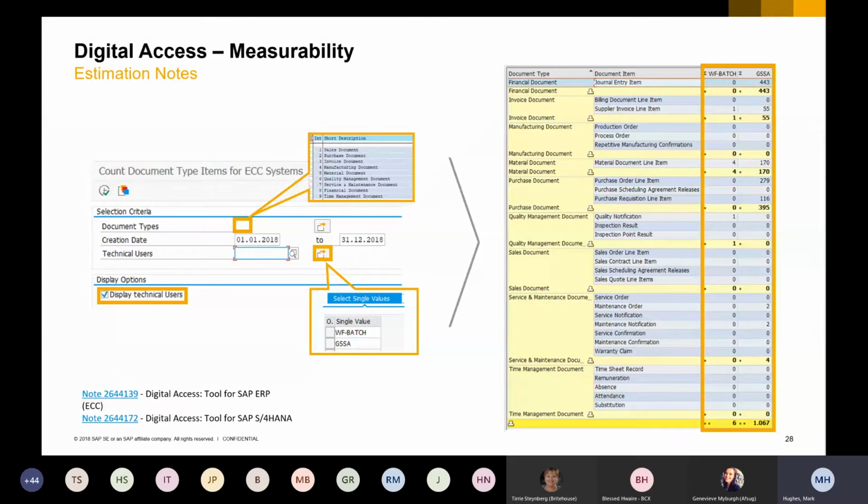So with these controls, I think it should be pretty clear to isolate a single process or a process step that you know is being executed indirectly. And on the right, you see the outcomes from the estimation tool. You'll get a very clear picture of exactly which items within these document types and the counts thereof are being created by these particular technical users.